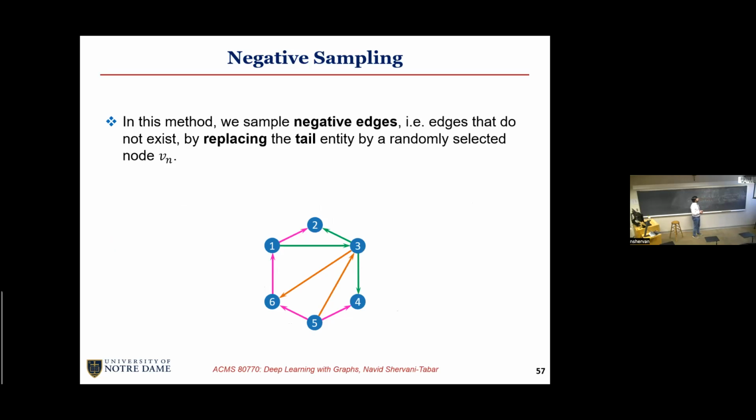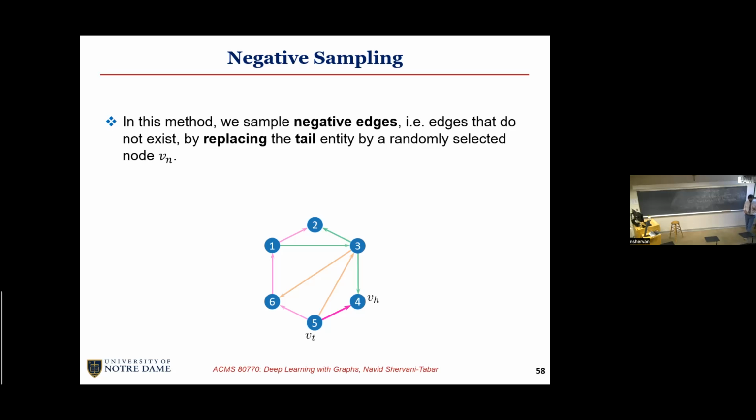Now, I want to show how this negative sampling works. Let's say I have this graph. I have three different relation types here, and these are directed edges. So let's take this edge 5, 4, for instance, and I want to compute the loss over this. I say that I want to generate negative samples.